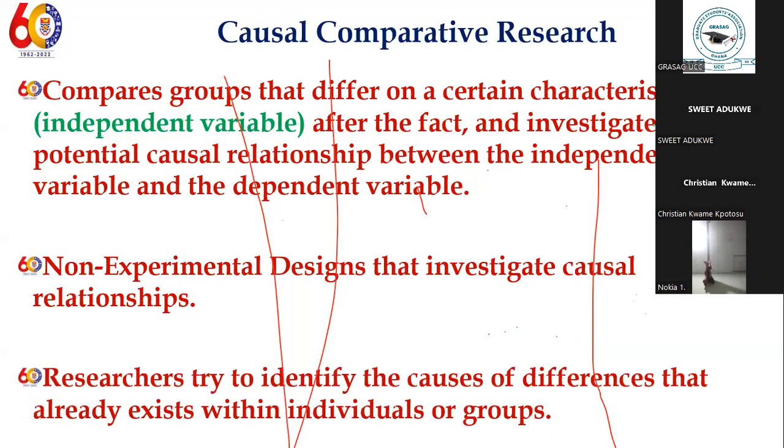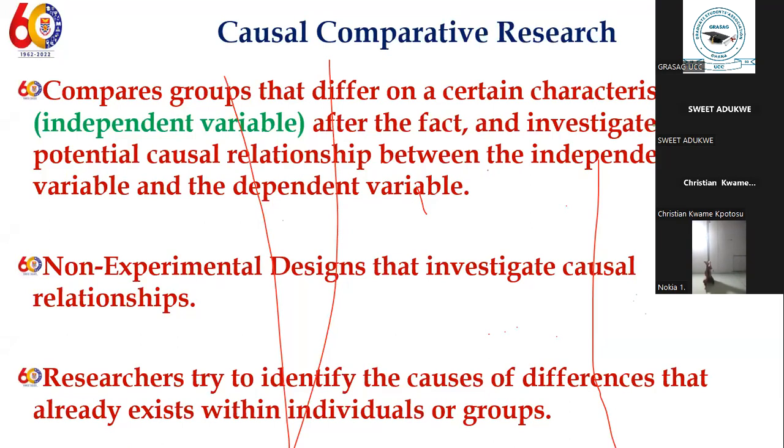Again, you try to identify the causes of differences that already exist within individuals or groups. Let's say countries, for example, those that received COVID grants and those that did not receive COVID grants, how is their economic performance post-COVID?